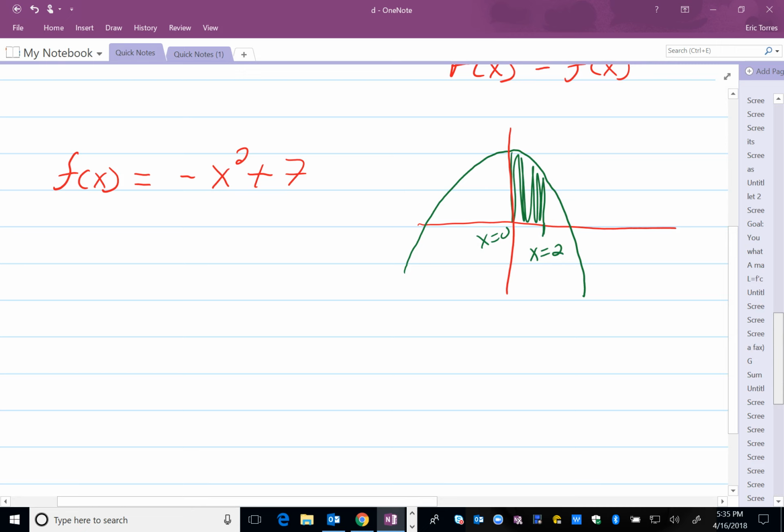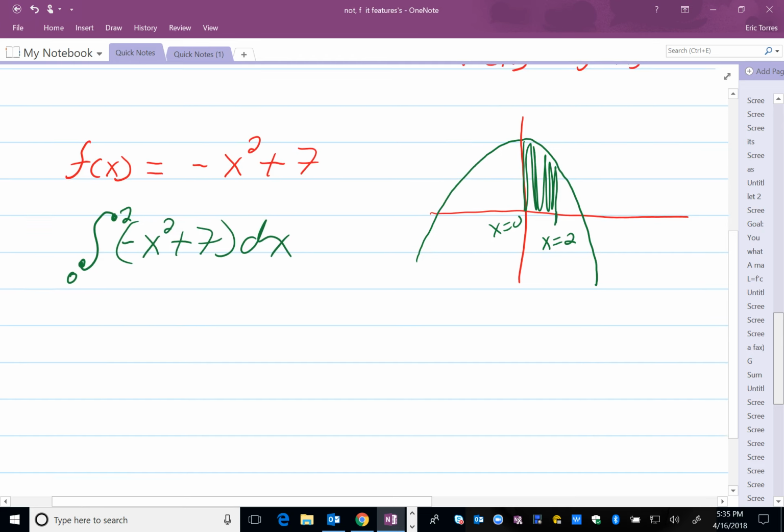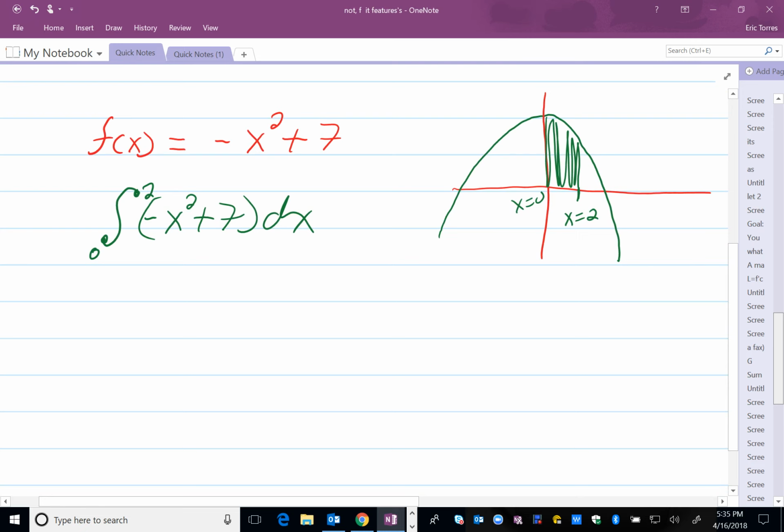So the notation I would use to locate that would be this. And to calculate that area, we can now use the antiderivative. So this is actually going to be a two-step process. The first thing I'm going to do is take the antiderivative, and it will look like negative x cubed over 3 plus 7x.